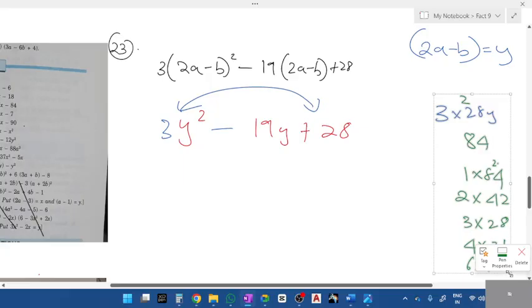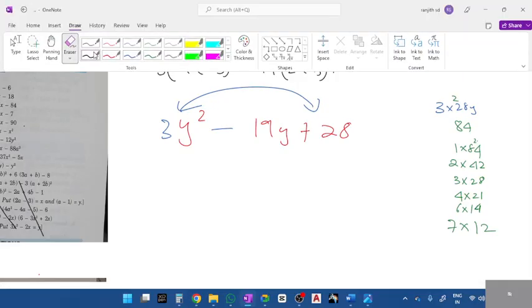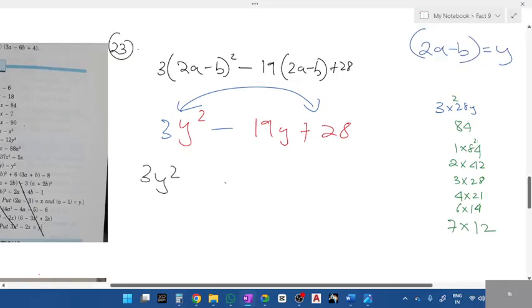Which one gives 19? 7 into 12. What about 7 and 12? Does it give 19? All of you got it till here, students. 7 and 12 gives 19, right? So 3y square, 7 and 12y. Where should I put minus? Before 12. And what should I put before 7 so that I get 19?